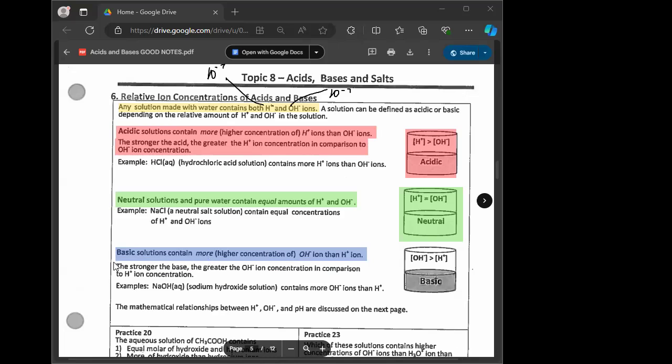Okay, and then the stronger the base, the greater the concentration of OH ions than there are hydrogen ions.